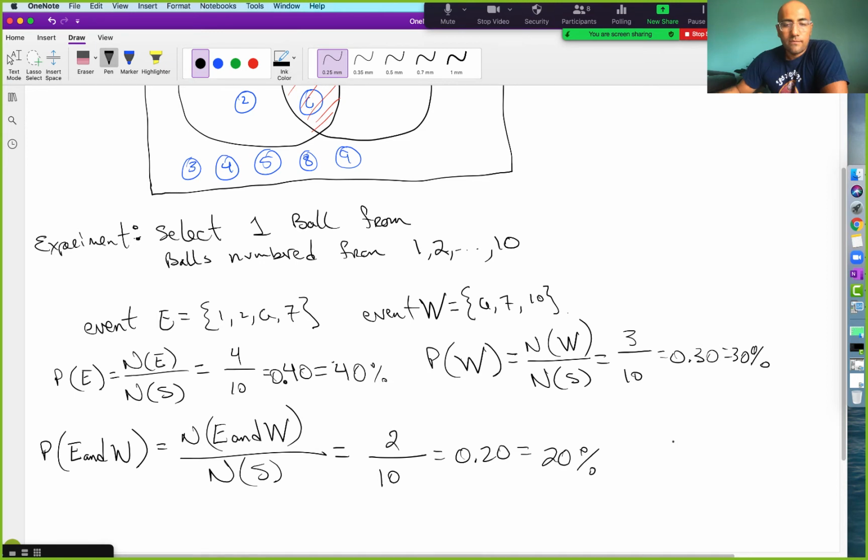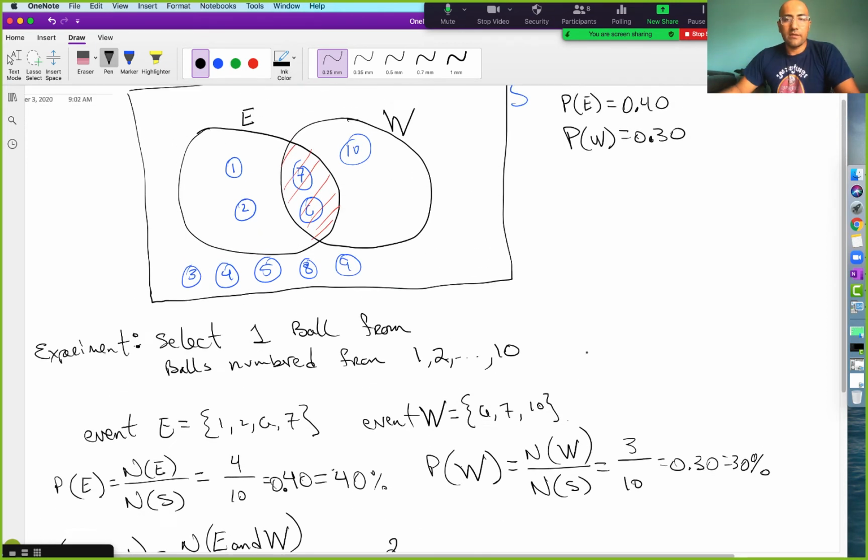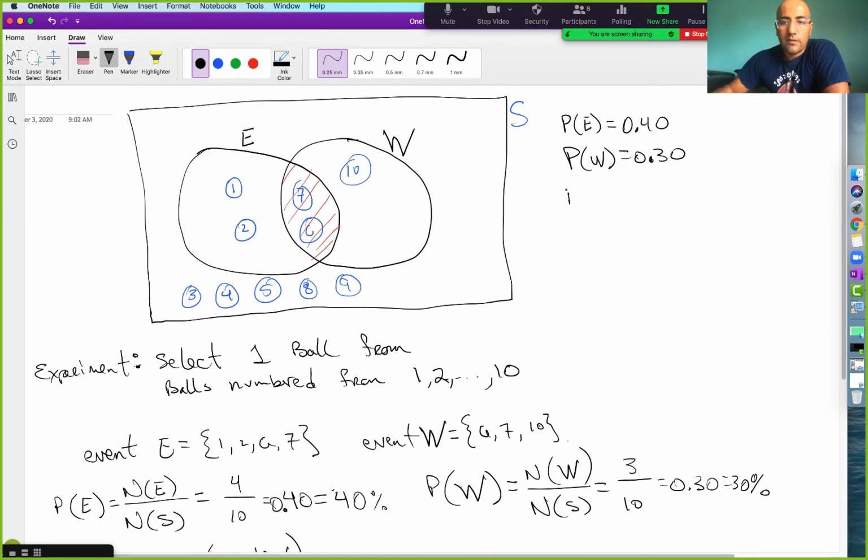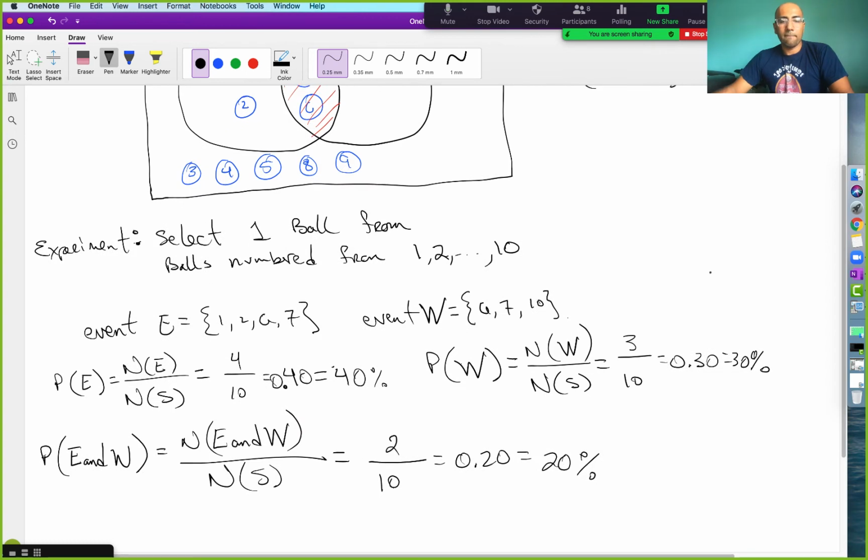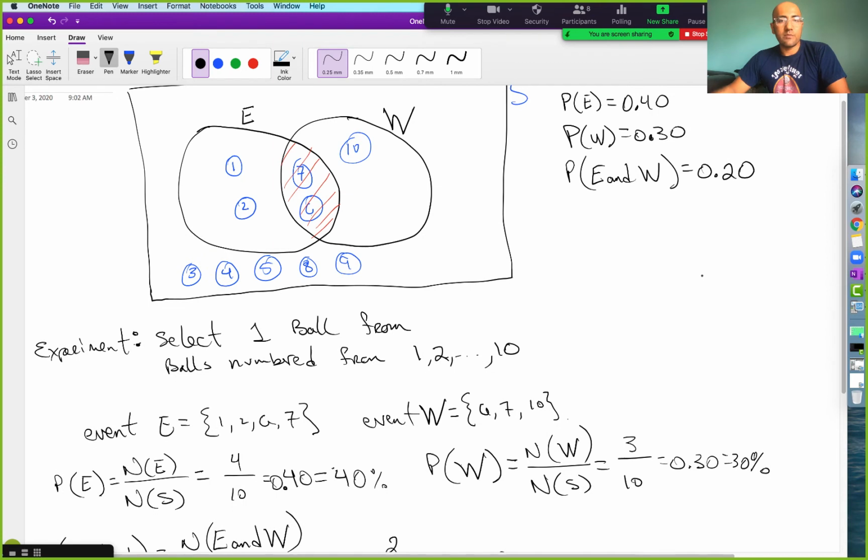Good, good. Okay, so that means, let me come back up here and continue to put my little list together. E and W can occur in 20% of the ways, 0.20. Good. What about E or W? What's the difference between the two?